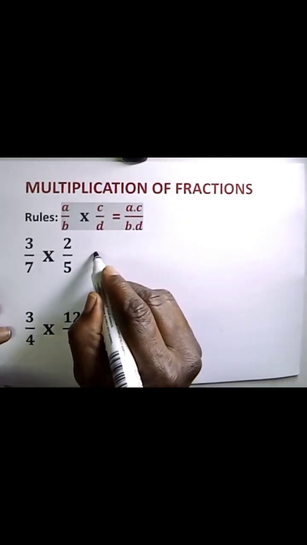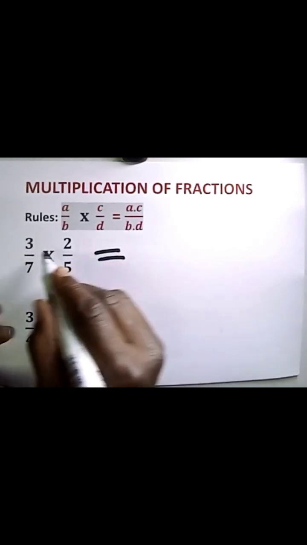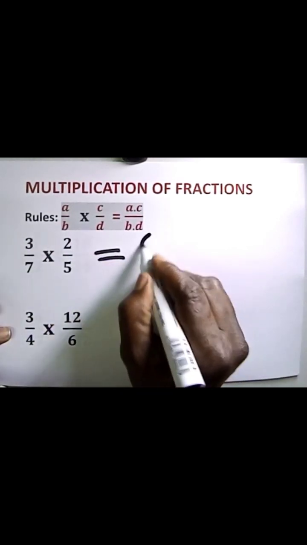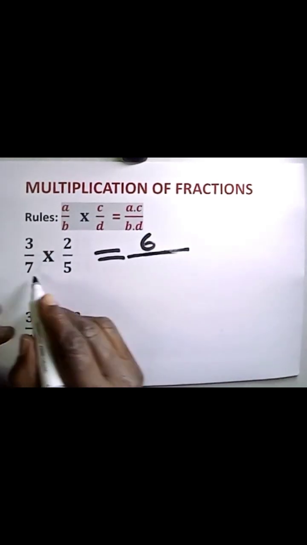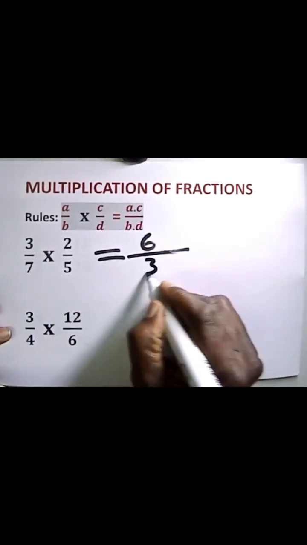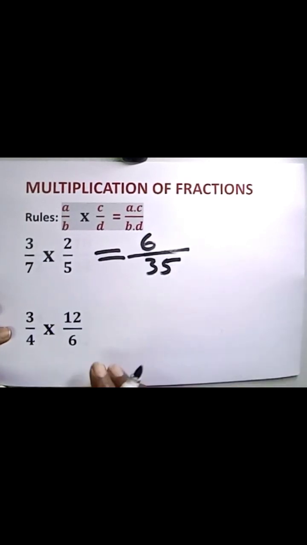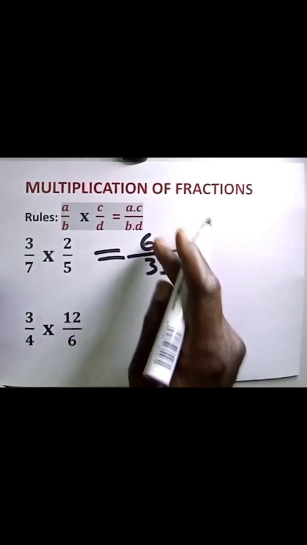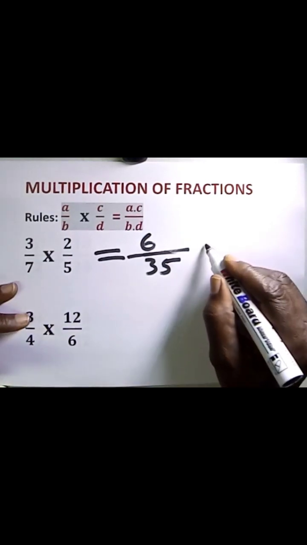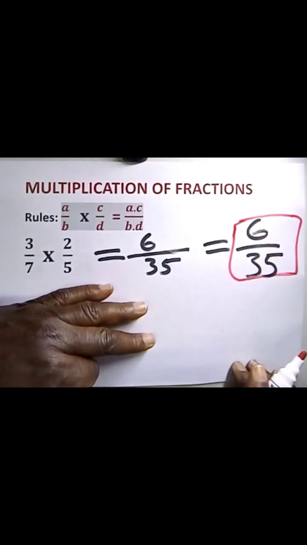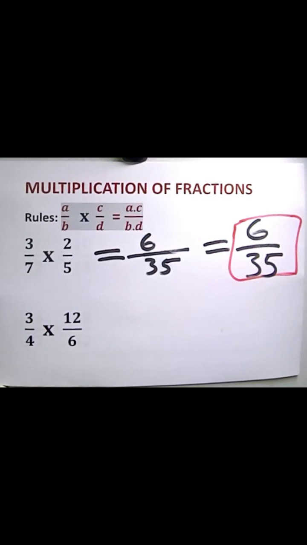So 3 times 2 will give us 6, all over 7 times 5 will give us 35. We look at these two numbers, 6 over 35. There's really nothing we can do again. So that is the answer. It's easy, not so? Yes, very easy.